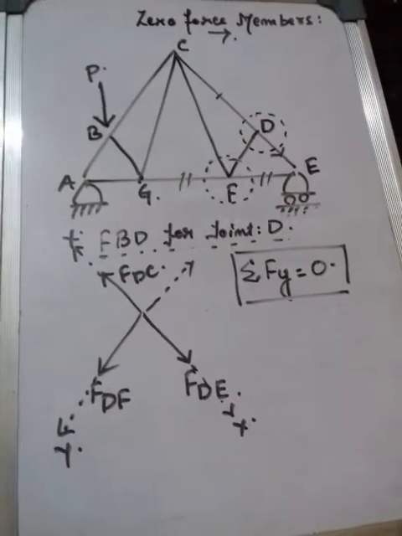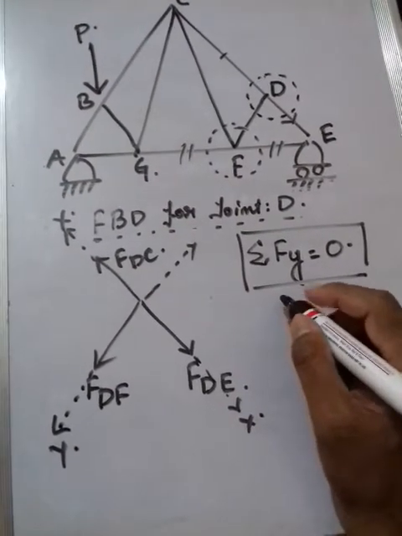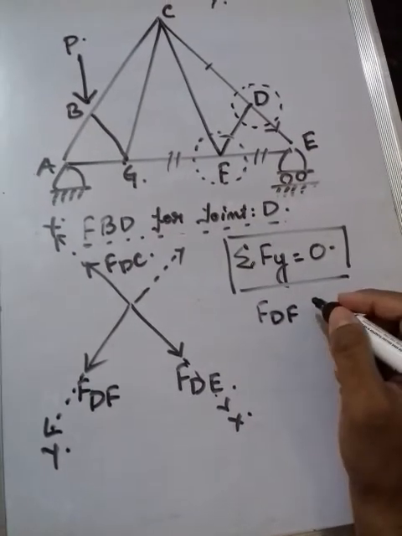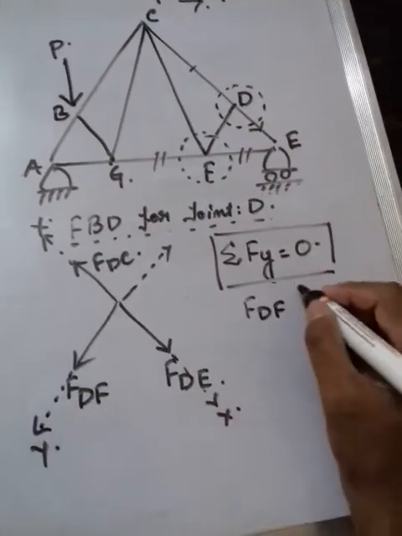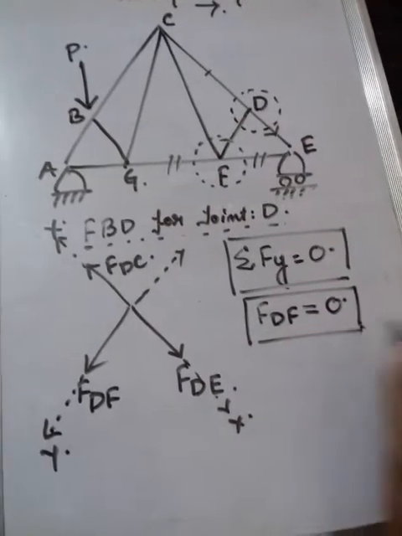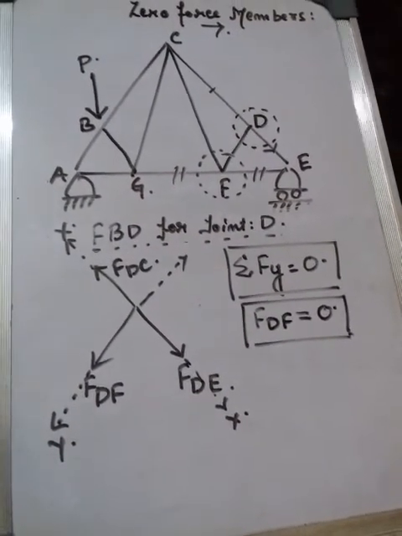There is only one component acting in the y direction, that is F of DF, so F of DF is equal to 0. See, DF is a zero force member, right?